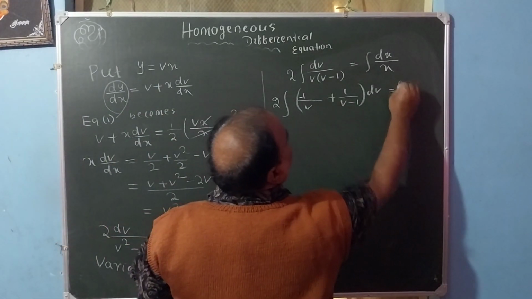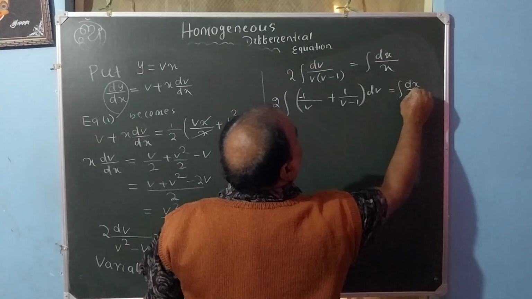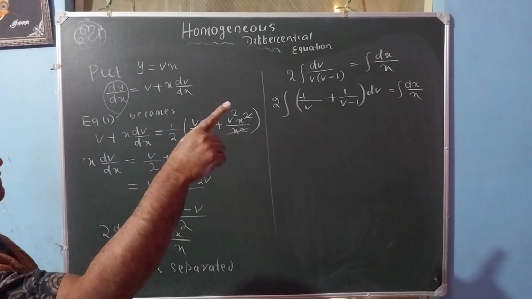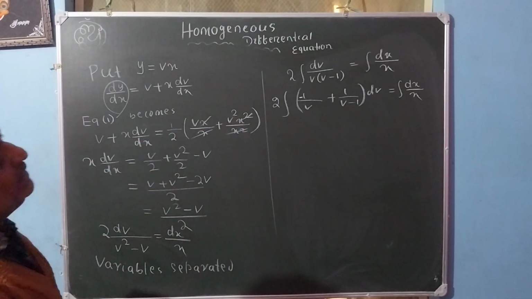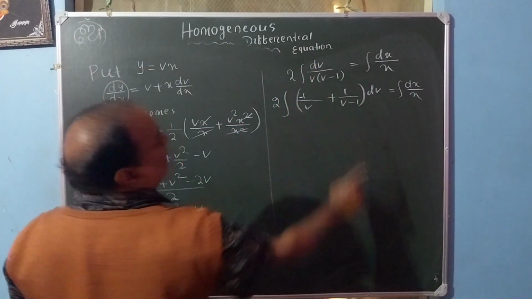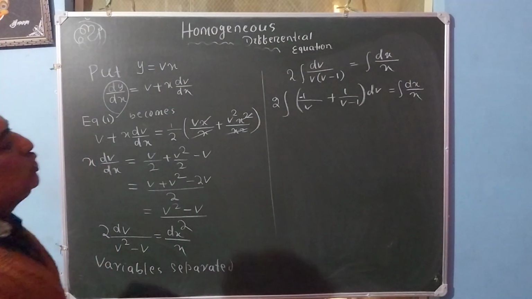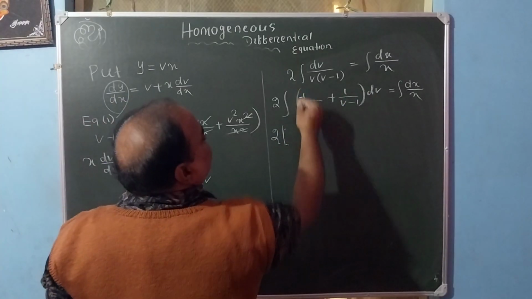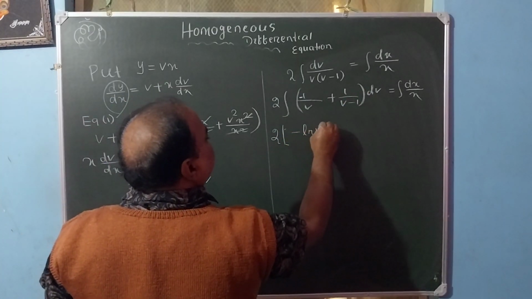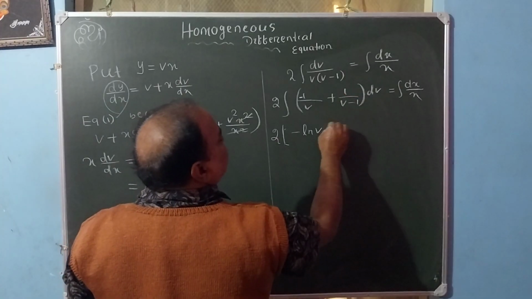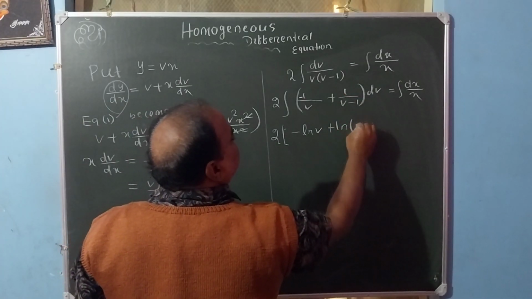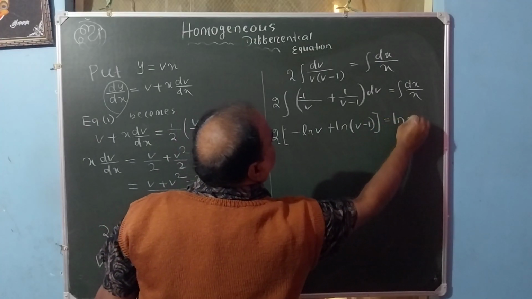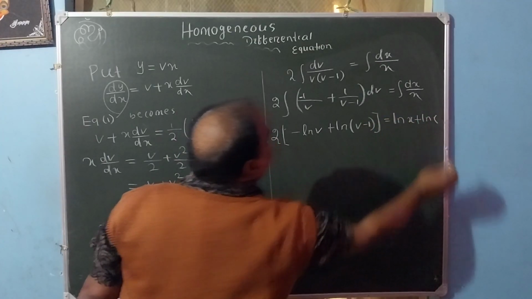So we get dx by x, minus v plus 1 plus v. Minus v plus v cancel. That will be 1 remaining in the numerator. So 2 integration of this: minus ln v, plus ln of v minus 1, is equal to ln x plus ln c.